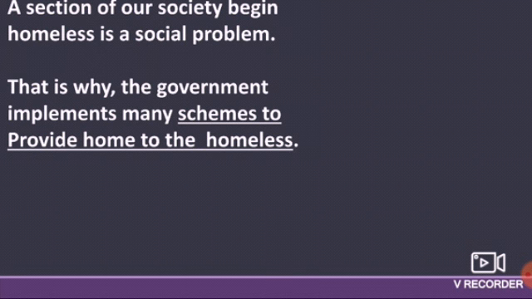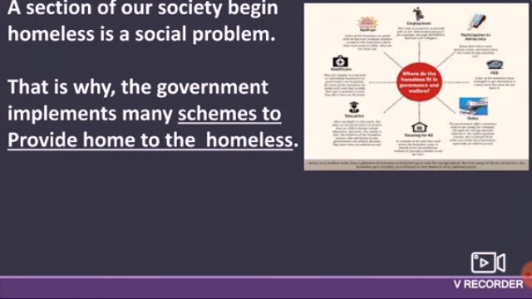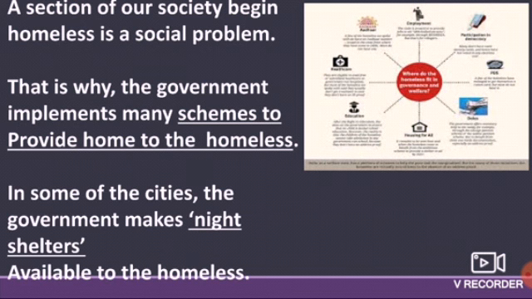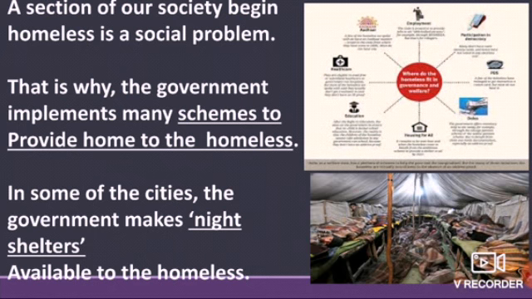That is why the government implements many schemes to provide homes to the homeless. Students, our government is working to improve the situation of these people. They are trying a lot so that these homeless people will get shelter. In some cities, the government makes night shelters available to the homeless.